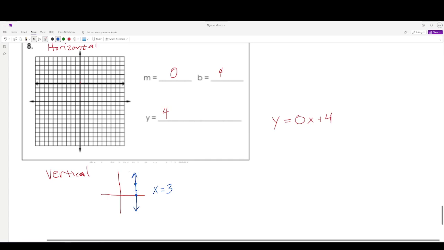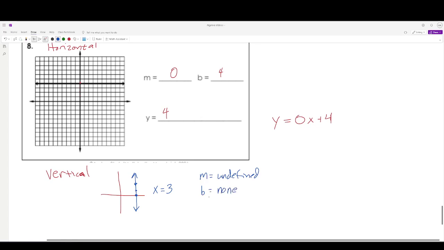And actually, I think this would be a good exercise. If we had a vertical line, for m equals, we would put undefined, because there's no numeric value because the slope doesn't exist. For b, we would put none.